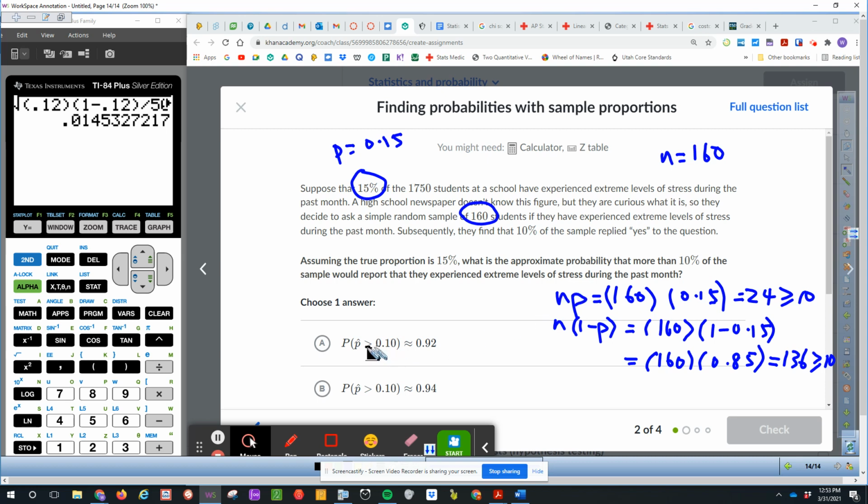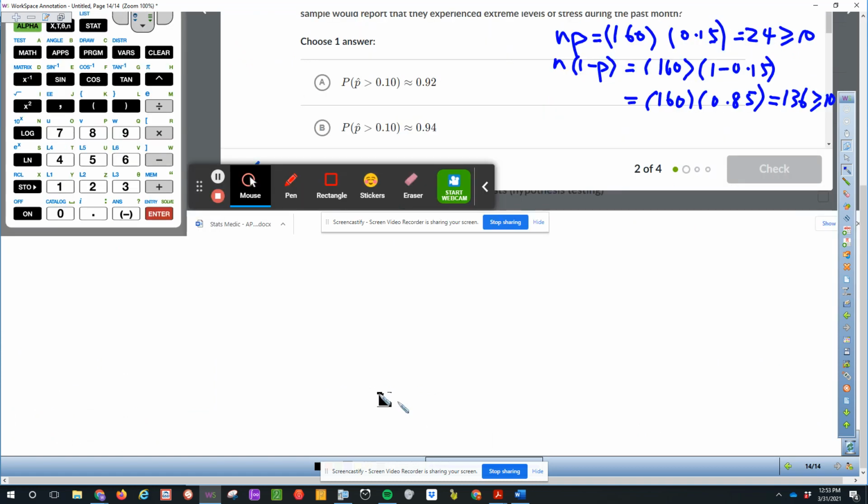But since this is a probability problem, we need to use normal CDF. So let's try to understand normal CDF. Here you're trying to find the probability that the sample proportion is greater than 0.10.